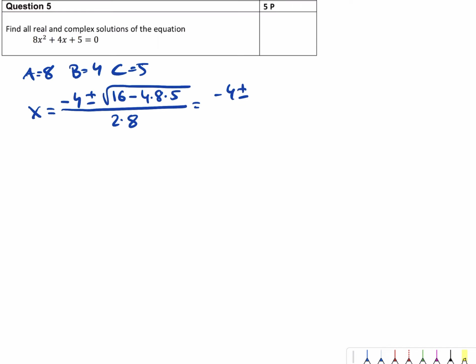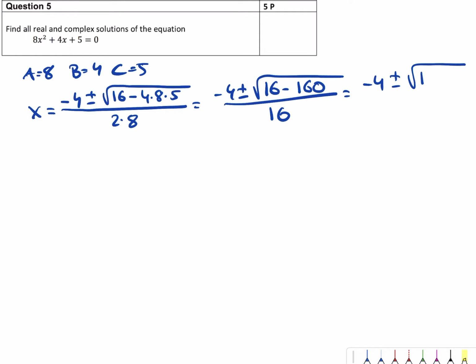Minus 4 plus minus the root of 16 minus 4 times 8 times 5, that's 160, divided by 16. So 16 minus 160 is negative 144.